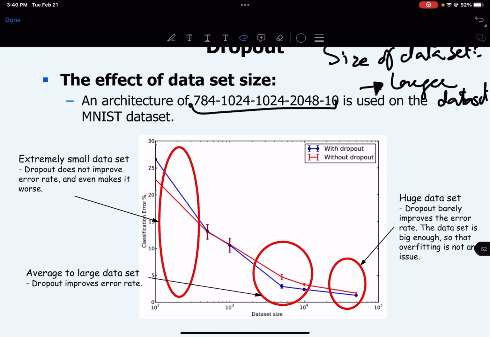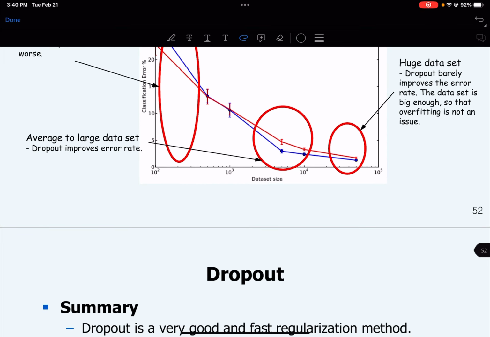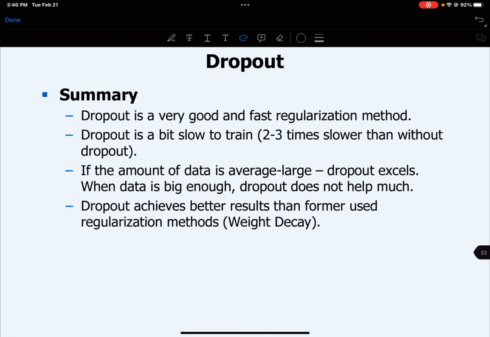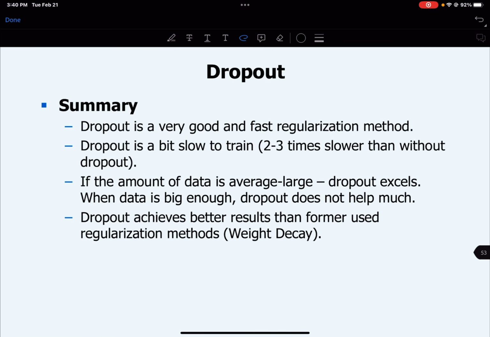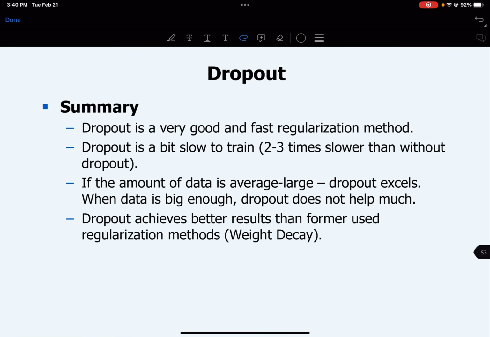But if we have a larger data set size, then dropout may not be that effective. So we have to consider the data set size and the dropout, both of them at the same time, when choosing your technique to improve the performance of your model.